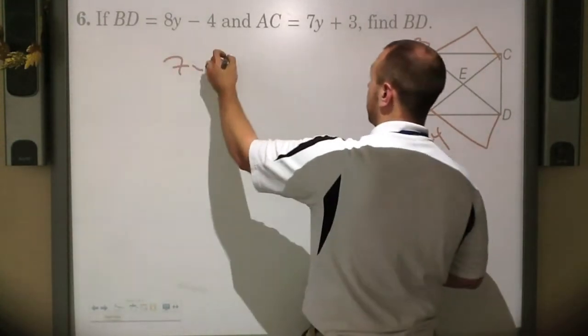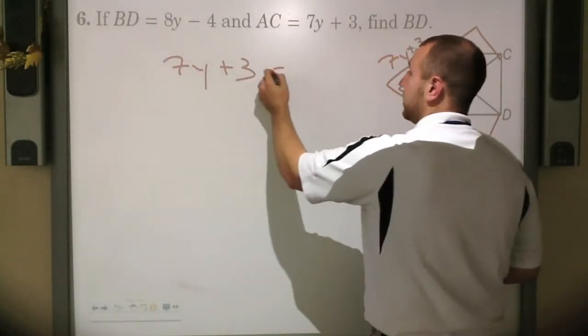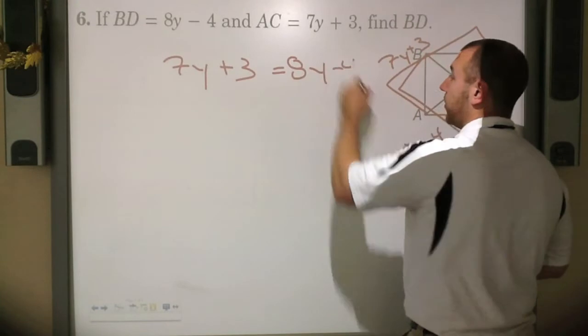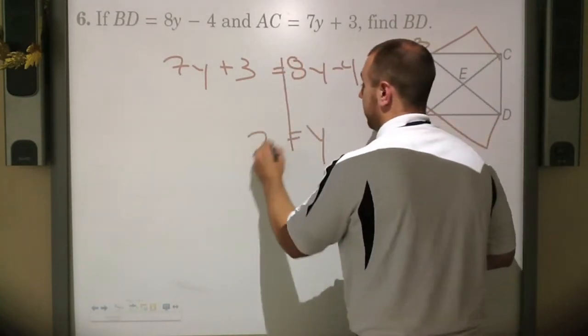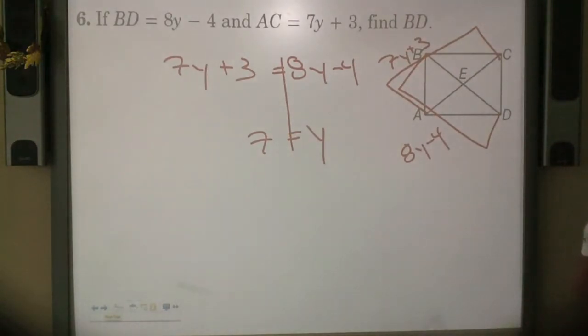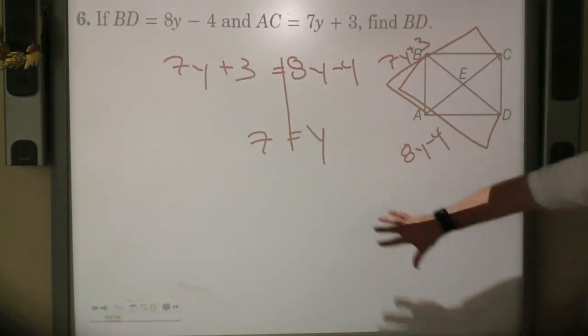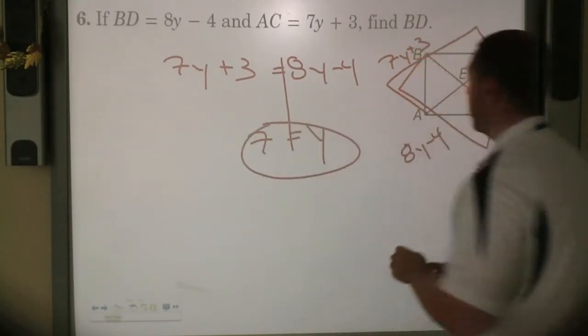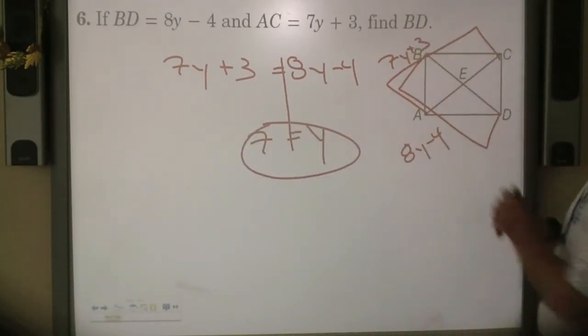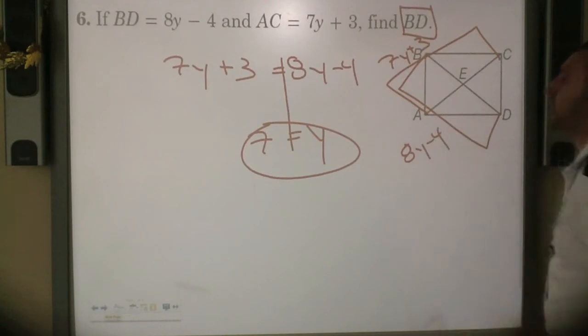So it's 7y plus 3 equals 8y minus 4, and then I can solve. It turns out y is 7 when I solve it. And if you can't get y is 7, please come see me later. But the trick is, it says find BD.